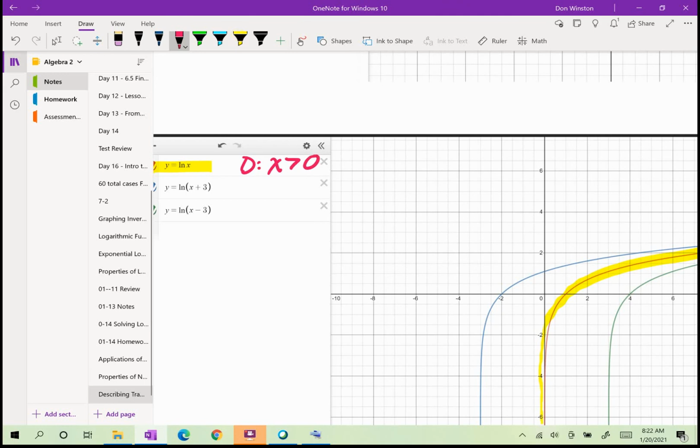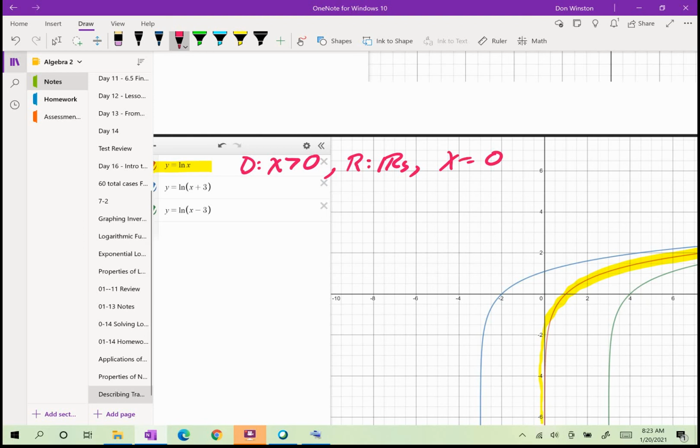The domain of a log function can't be equal to 0 or negative. The range is all real numbers. And I have a vertical asymptote at x is equal to 0.